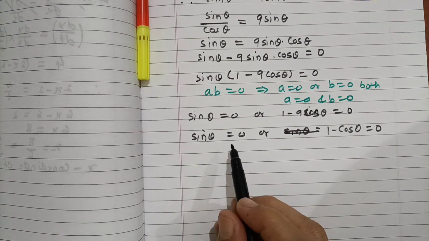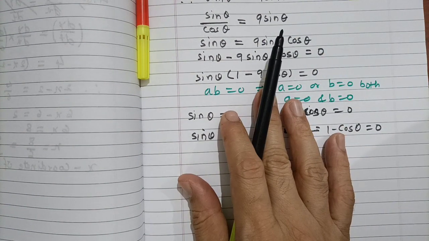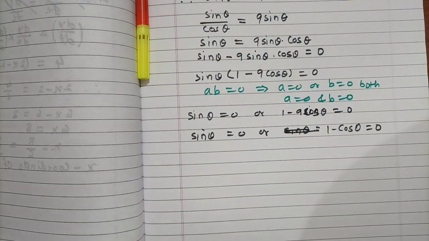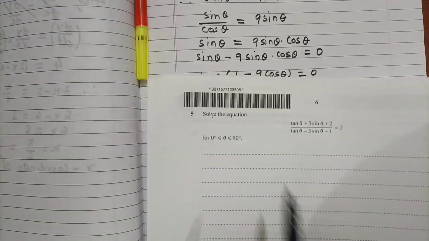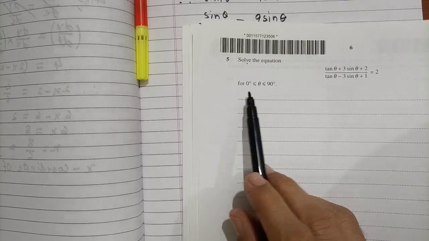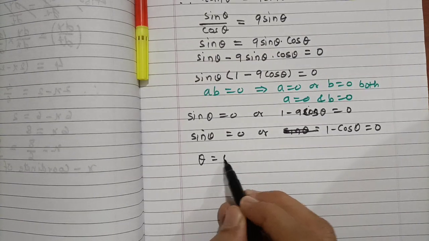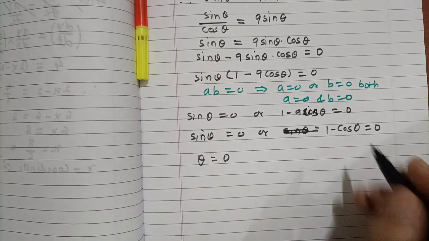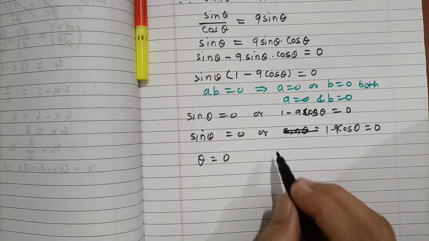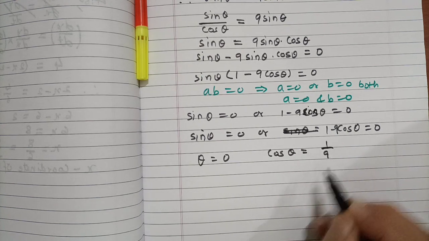So here now we need to find our theta between 0 to 90. So between 0 to 90, for sine theta is equal to 0, we have only one value, that is theta is equal to 0 for this equation, and for this one cos theta is equal to 1 by 9.